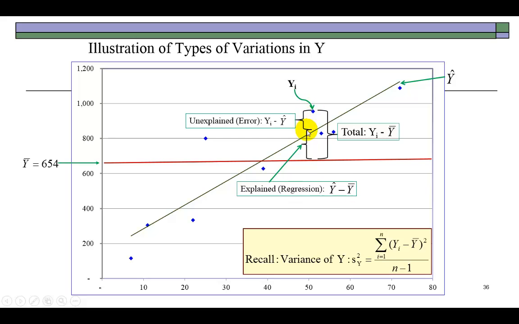And then this residual right here, which is actually marking the error component of the total variation, is your y minus y hat, the regression line. So this is the unexplained component of this total variation. Now, obviously, as you would imagine, if x is an important variable in the regression model, then the proportion of the total variation in y that would be explained on account of the regression would be quite high.